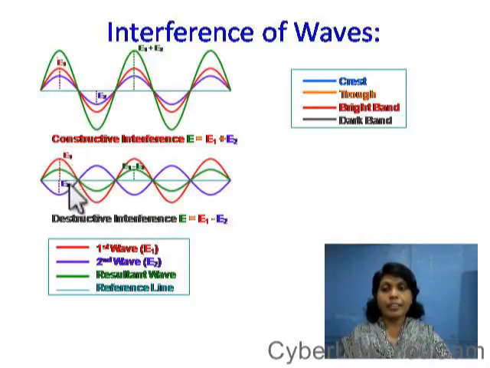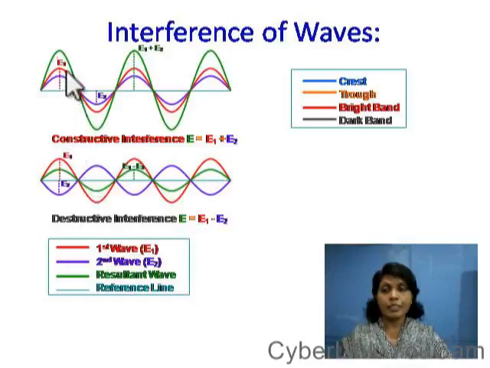And there is another case in which the crest of wave 1 coincides with the trough of wave 2. This is an example of destructive interference.